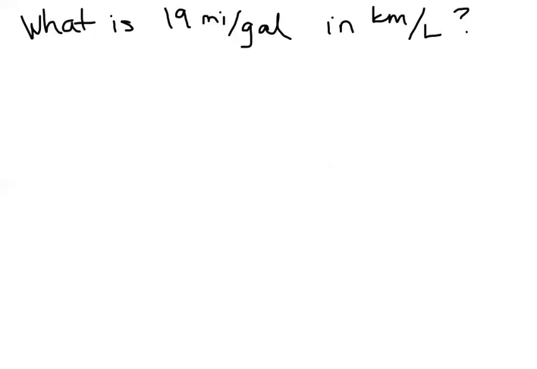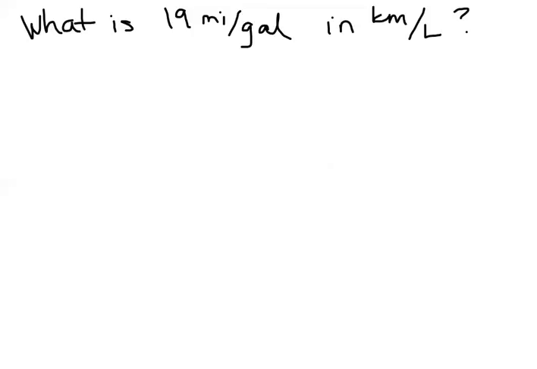The important thing about this is that you have 2 different types of units. What 2 types of units do you have here? What do miles and kilometers measure? Yes, exactly. Miles and kilometers, distance; gallons and liters, volumetric.